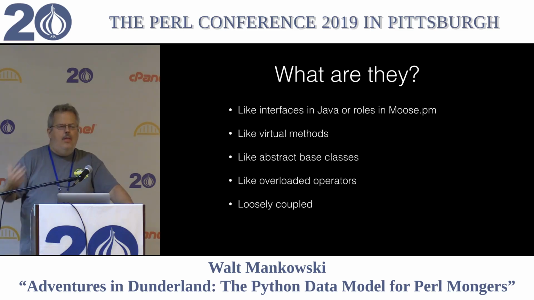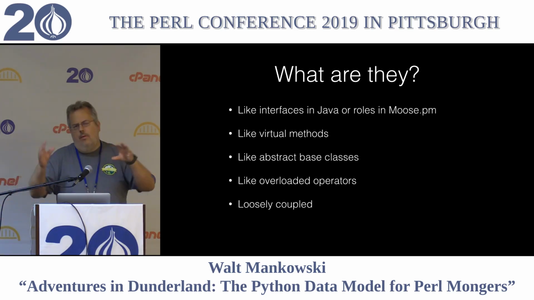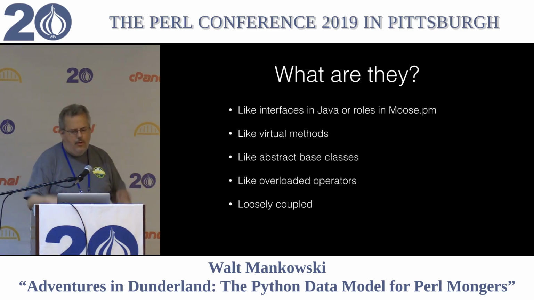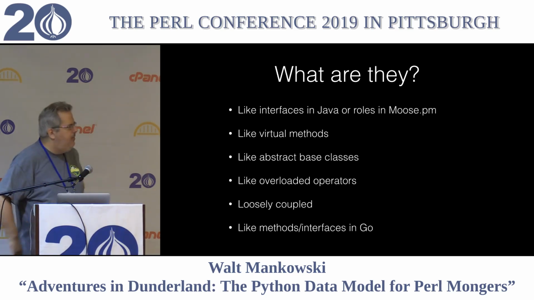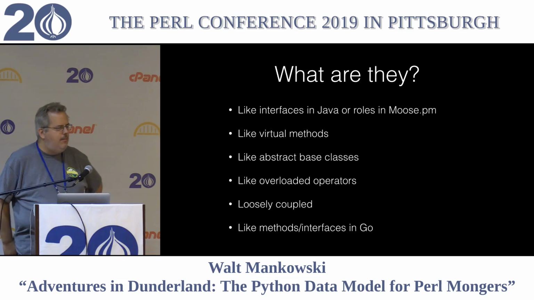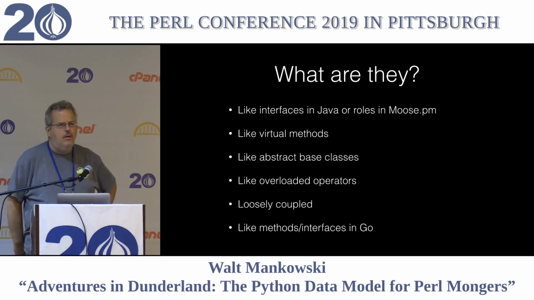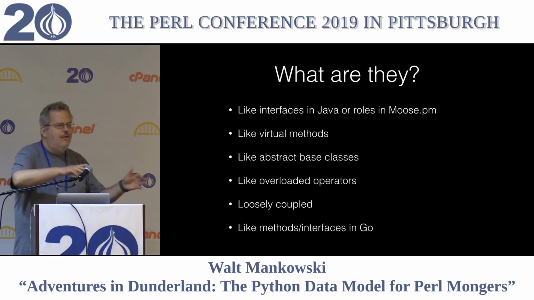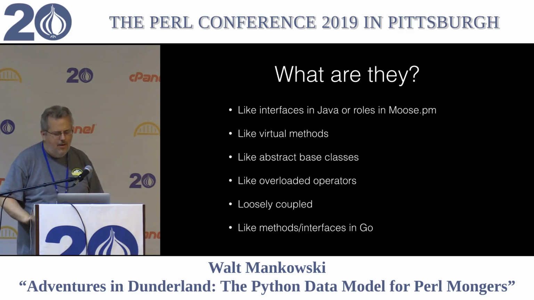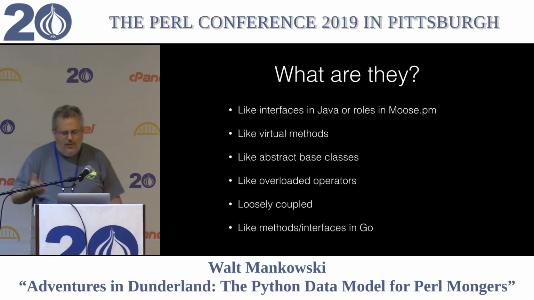But they're unlike the way those work in a lot of languages. They're really loosely coupled. They get called if they exist. If they don't exist, they don't get called, and some default action happens. Somebody pointed out to me that they're a lot like the way methods or interfaces work in Go, because Go doesn't really have objects. They have structs with methods that you can attach later on. So they're a bit like that too, but they're really their own thing.